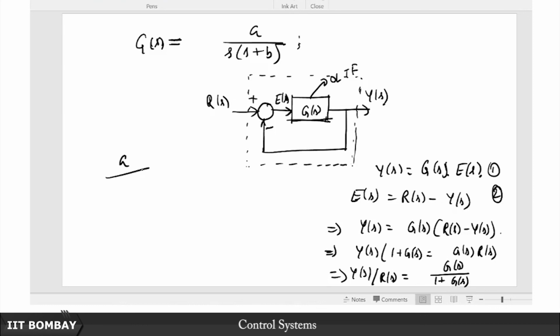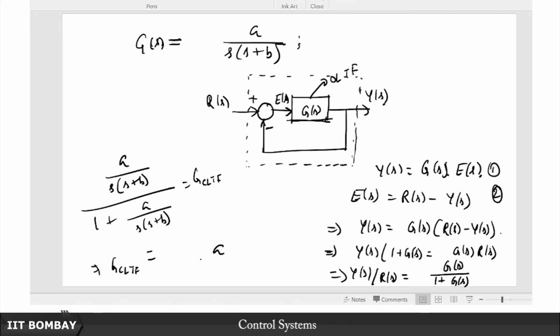If you plug in everything here, you will see this is nothing but A upon s into (s plus B), divided by 1 plus A upon s into (s plus B). If I simplify this further, I will get the closed loop transfer function as A over s squared plus Bs plus A. This now is comparable to the system that we have studied.